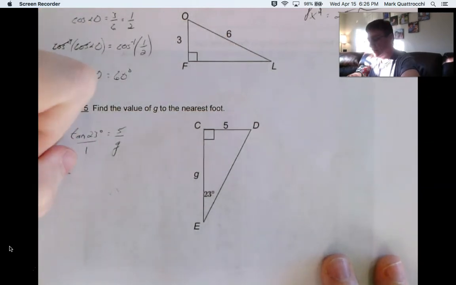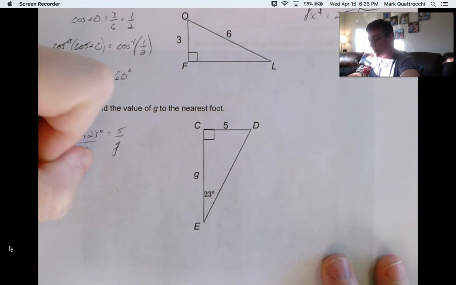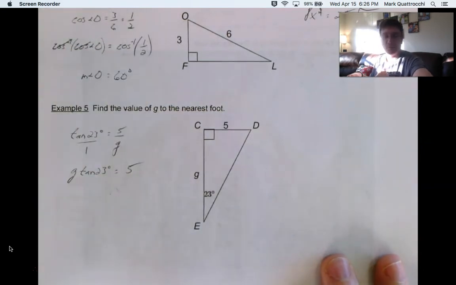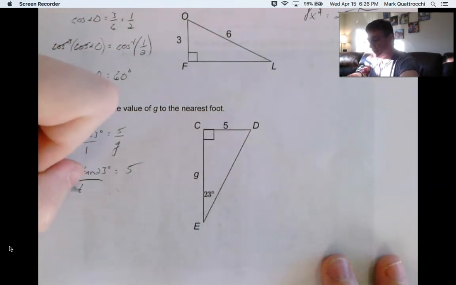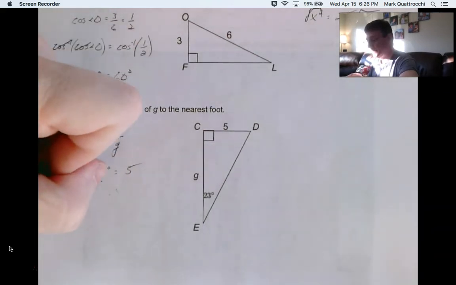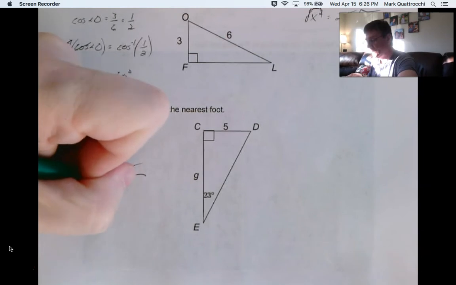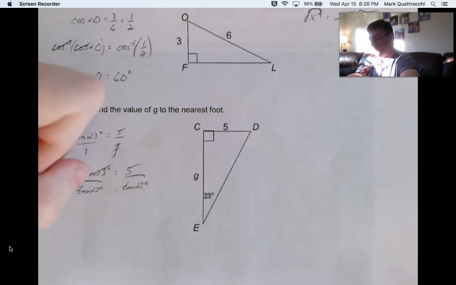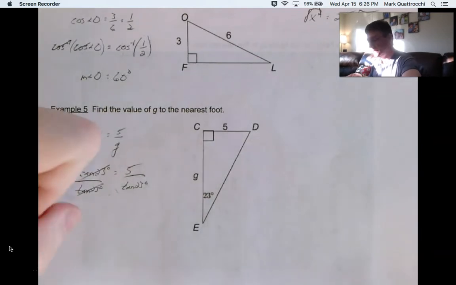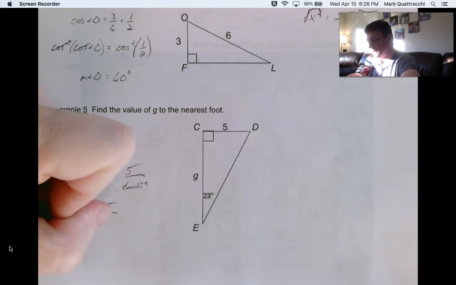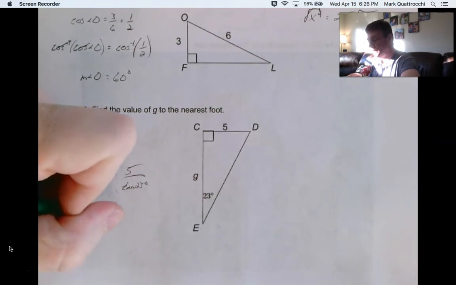So we have G tan 23 degrees equals 5, and then divide both sides by tangent 23 degrees. Tan 23 cancels on the left. G equals 5 over tangent 23 degrees.